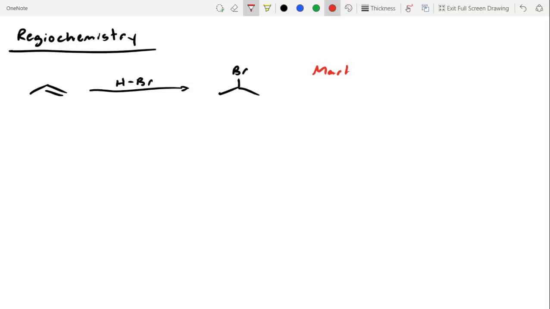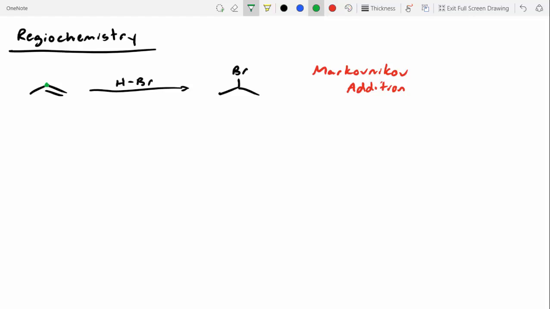And this is called Markovnikov addition. Markovnikov addition means that in this example, we're going to add to the more substituted side of the alkene, not that less substituted side. So you always prefer that position for your halogenation.